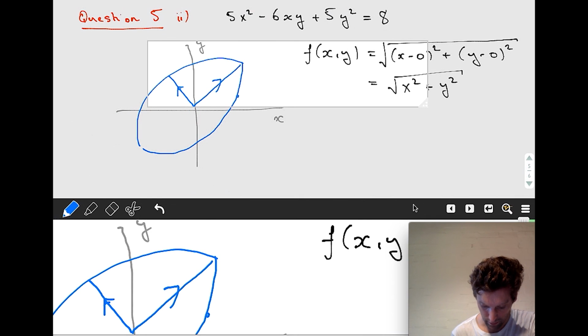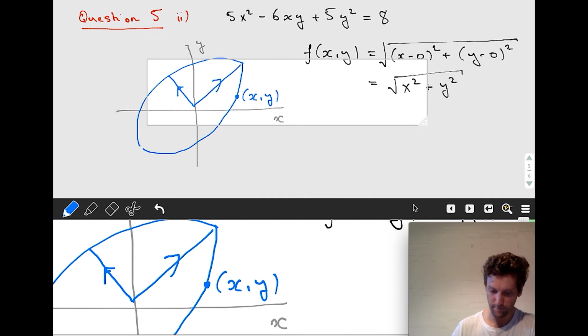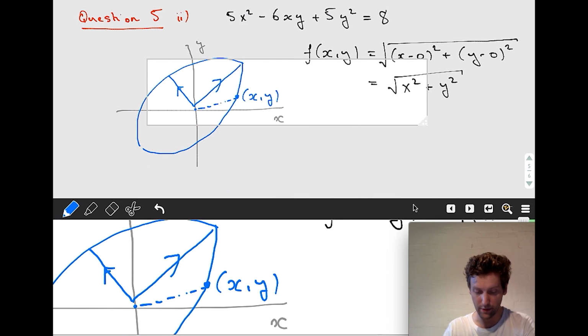Let's draw. That looks like maybe it's this point here. So the distance between the origin and the ellipse, that's the thing I'm looking for the maximum or minimum values of.